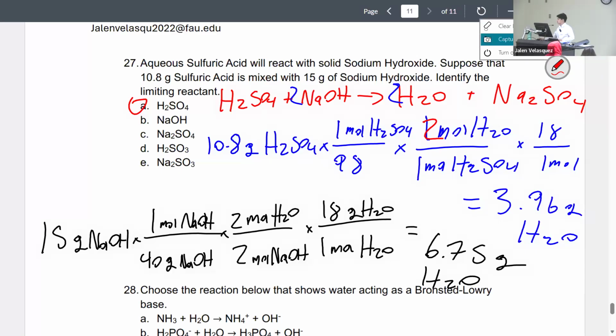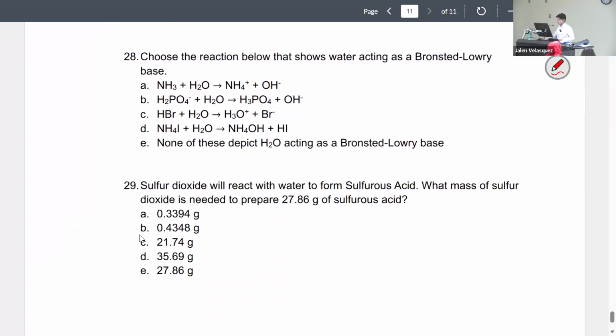All right. Almost done. Number 28. Choose the reaction below that shows water acting as a Bronsted-Lowry base. So what do we think the answer is there? Good, it's C. How do you know? So first off, water is interesting because it can act as both an acid and a base, right?